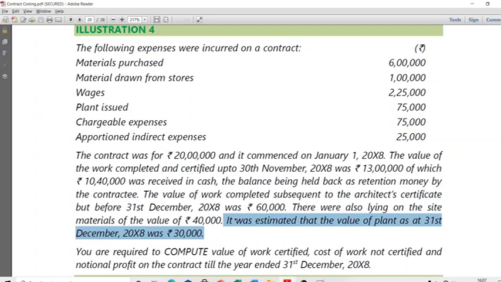Now a question is, why will a fixed asset depreciate in value? Either due to time or due to usage. So the plant which came to the contract at a value of 75,000, and at the end of the year, if the plant is having a value of 30,000, that means we can say depreciation for that year was 45,000, or that year to the extent of 45,000, the plant was used in the contract.